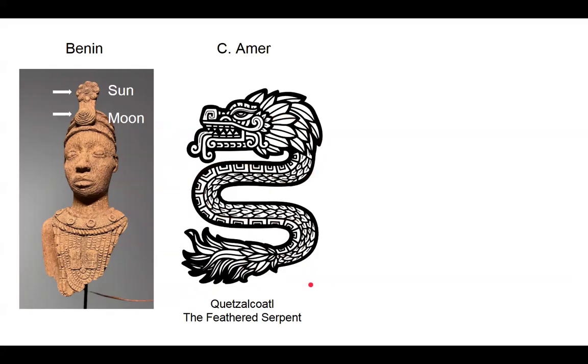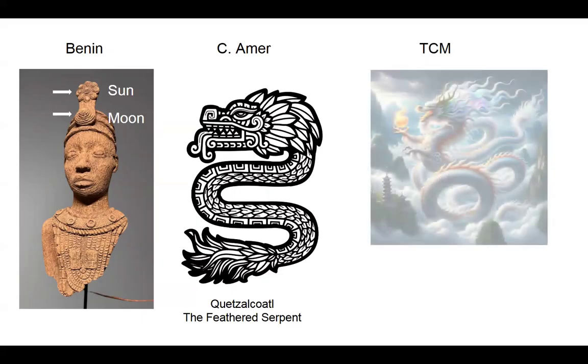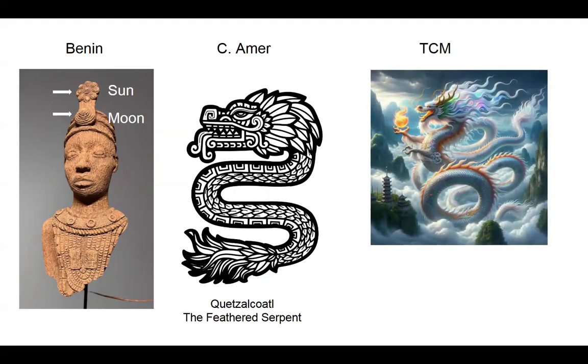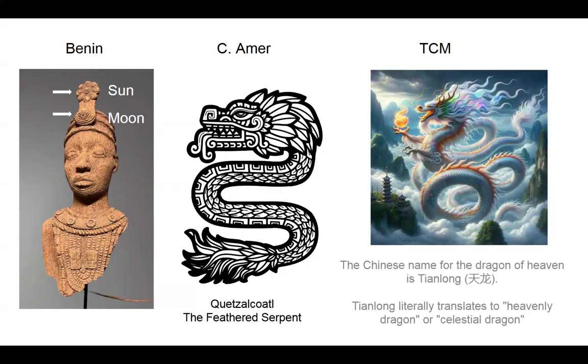Now we go into traditional Chinese medicine, and they also have not a serpent, but they call it the dragon of heaven. Tang Long, the Chinese name for the dragon of heaven. Tang Long literally translates to heavenly dragon or celestial dragon.